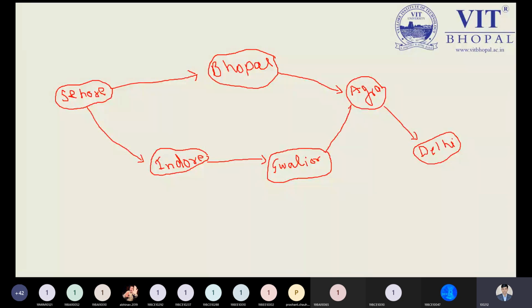Okay, so if we want to go to Delhi, of course we will go by Agra. So Gwalior to Delhi. And Bhopal is also connected directly to Gwalior itself. And Bhopal is also connected to Indore with its route and vice versa.